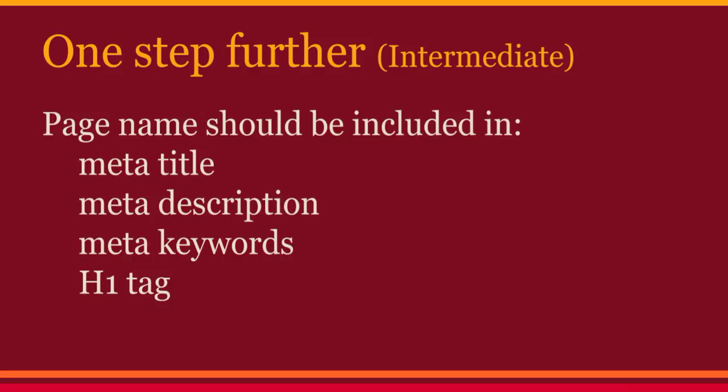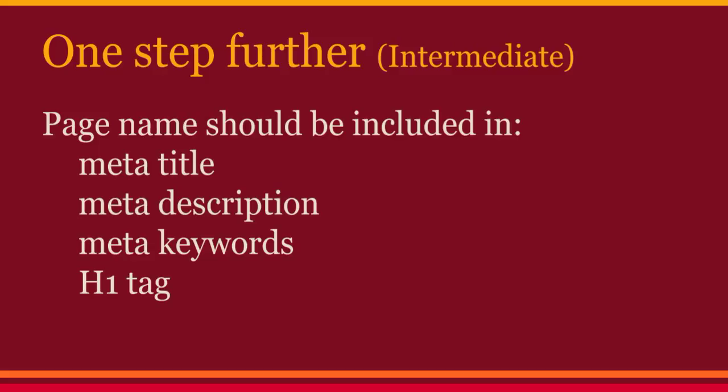So we want to go one step further, getting into an intermediate way of talking to computer programs in our web design and online advertising design: we want to put in page names, which should be included in the title.